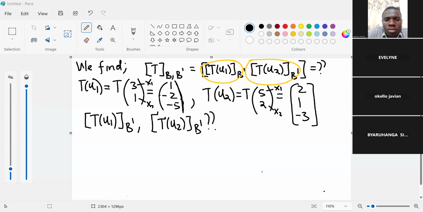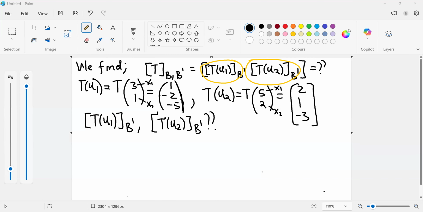Now, note that, look at my TU1. Those are the things which I have to find. It is important to note that TU1 and TU2 are in R3.